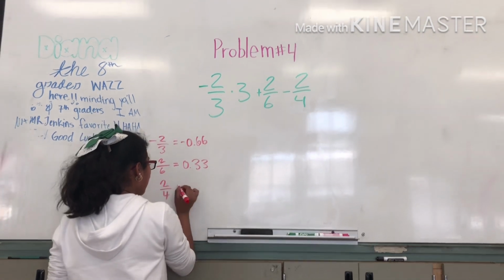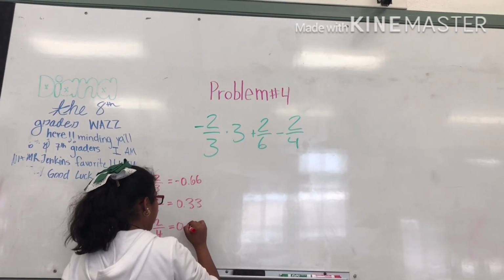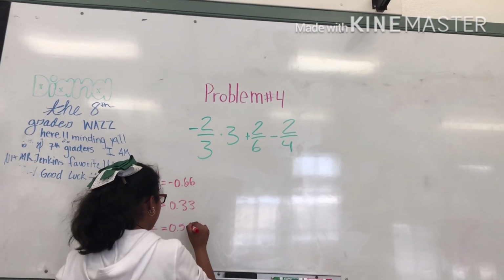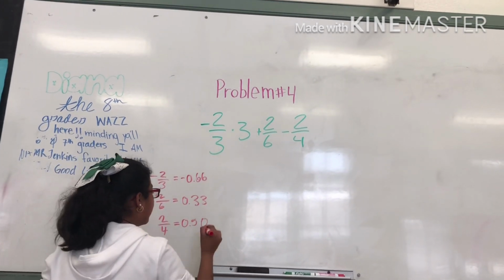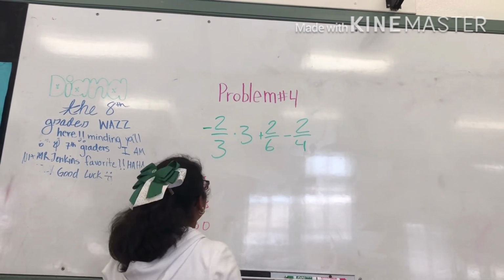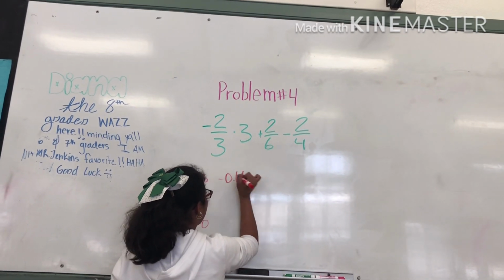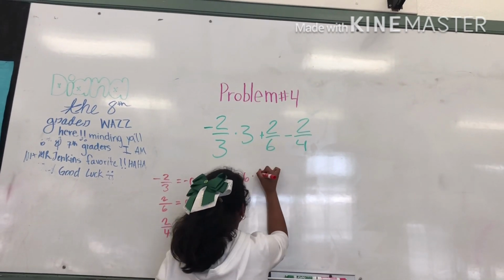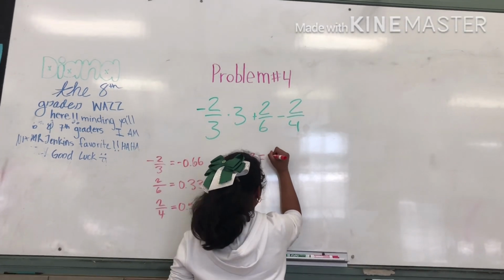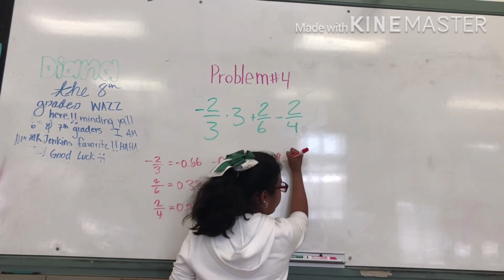And 2 over 4 would give you 0 and 5 tenths as a decimal. Negative 0 and 66 hundredths times 3 equals negative 1 and 98 hundredths.